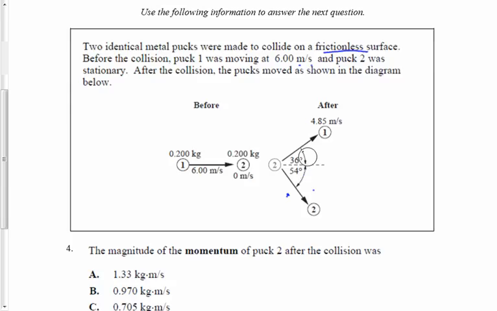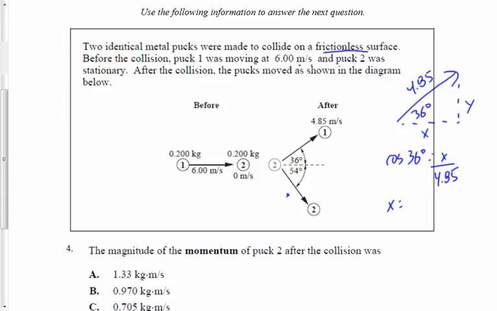Let's take the 36-degree angle off to the side here. We got 4.85, 36 degrees. This is x, this is y. Cosine 36 is equal to adjacent over hypotenuse. X is equal to 3.9237. Okay, thank you.